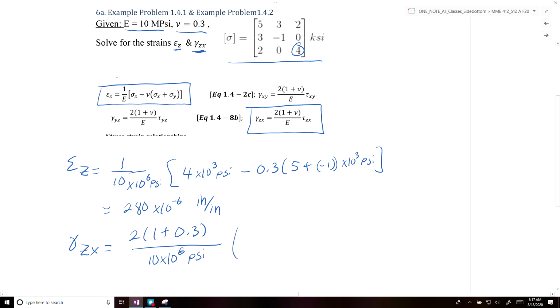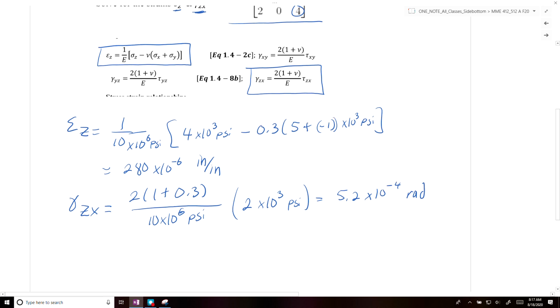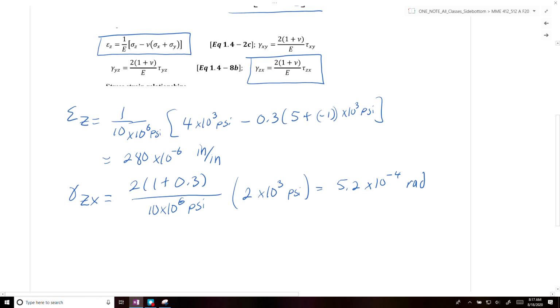So tau zx is equal to 2 times 10 to the 3 psi. If we multiply all that out, what we end up getting is 5.2 times 10 to the minus 4 radians.